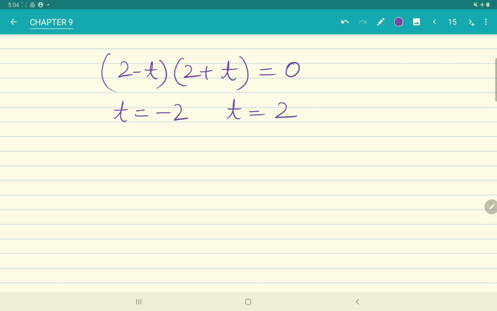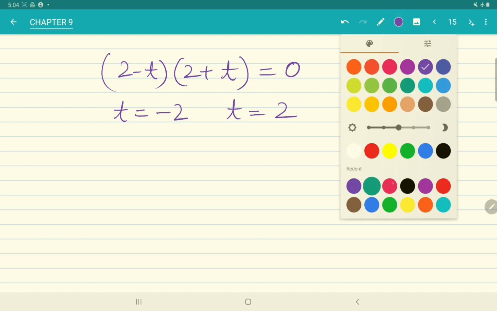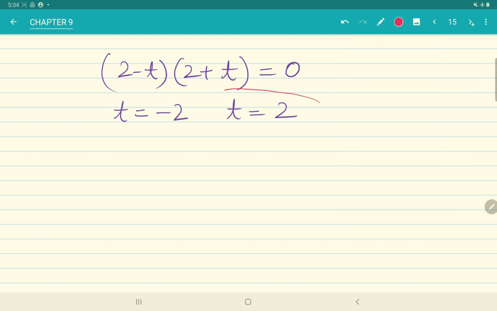I can't think of t is equal to minus 2, t is time. So we are just concerned about this.